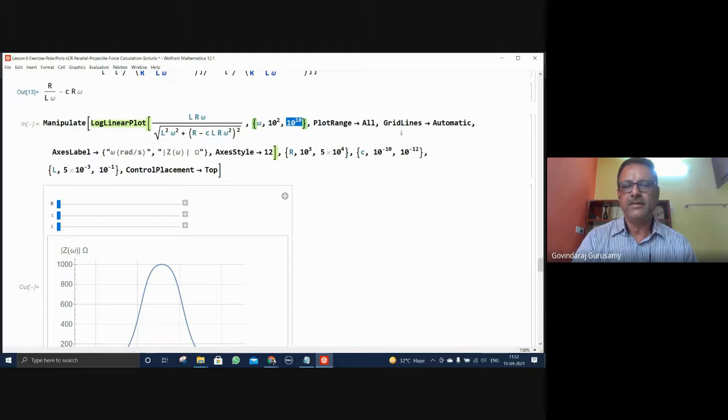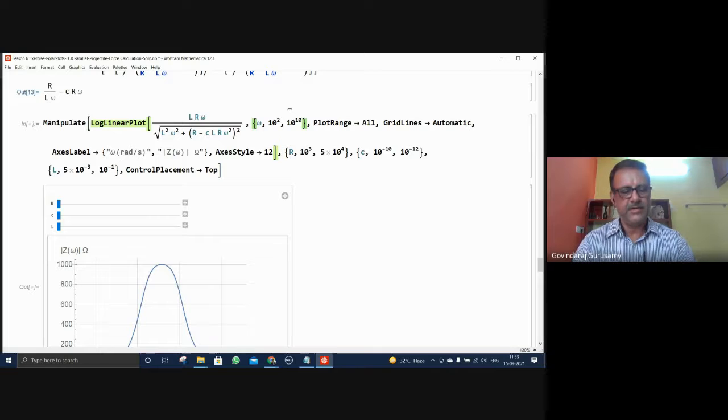But manipulations can be done either way, from smaller to higher or higher to smaller. That's not a problem. Please remember that. So this order should be maintained: the initial value must be smaller than the end value, otherwise the graph will not appear. If you want to check it, you can check it.